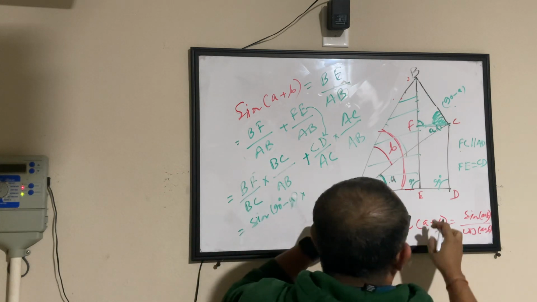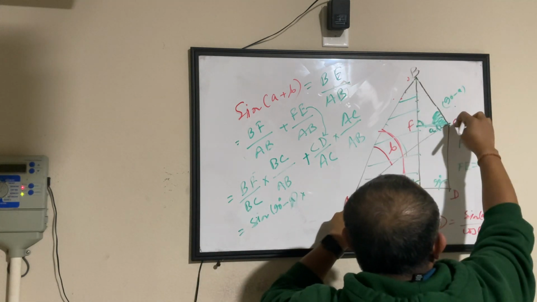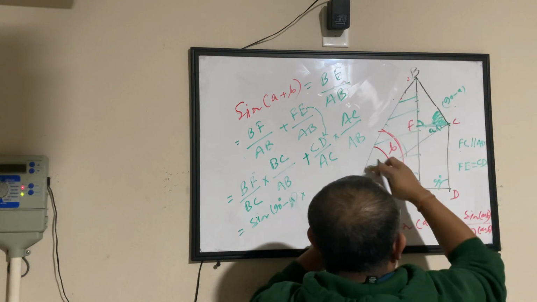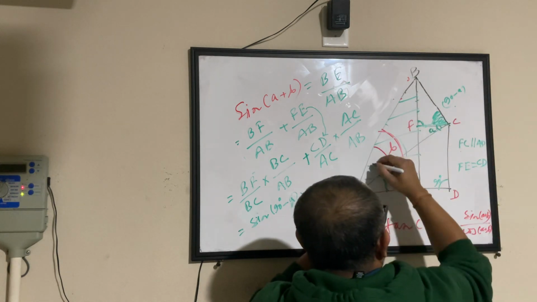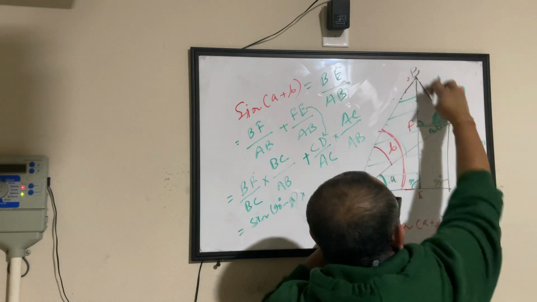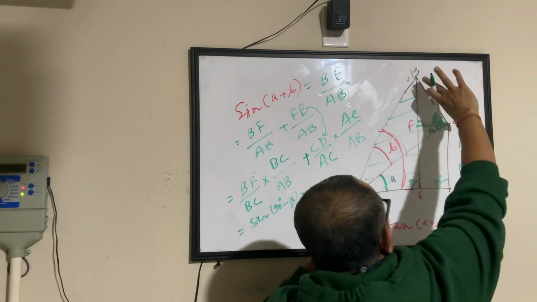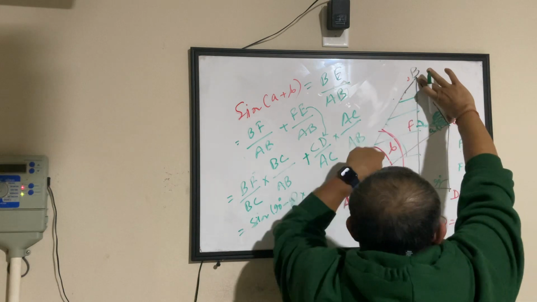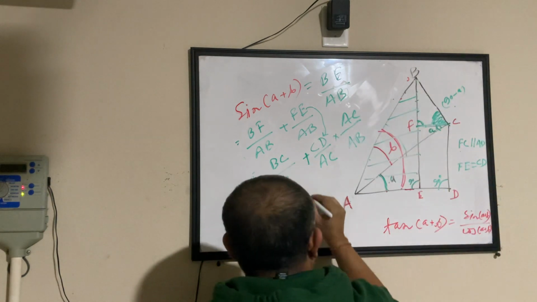What is BC by AB? Now we are looking at this right angle triangle where this angle is B. As per SOHCAHTOA, this will be BC, the side opposite to B. So it's sine of B.